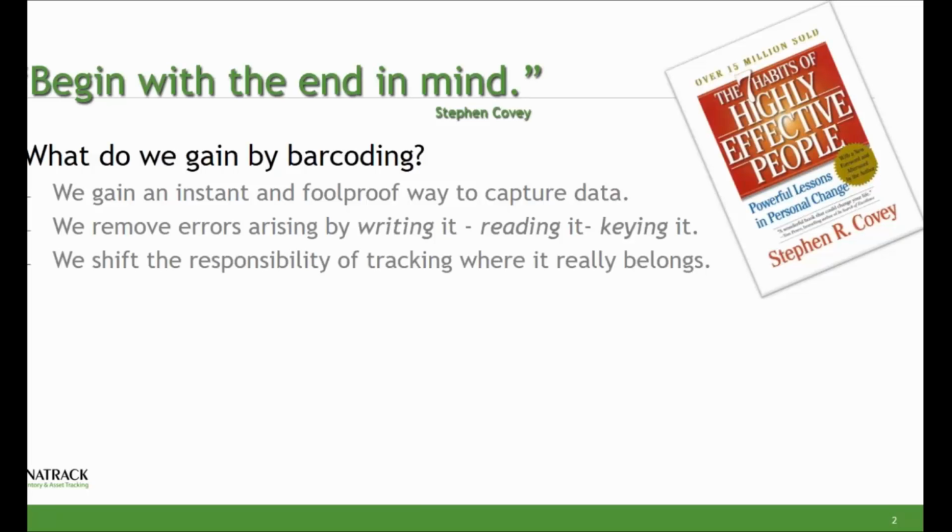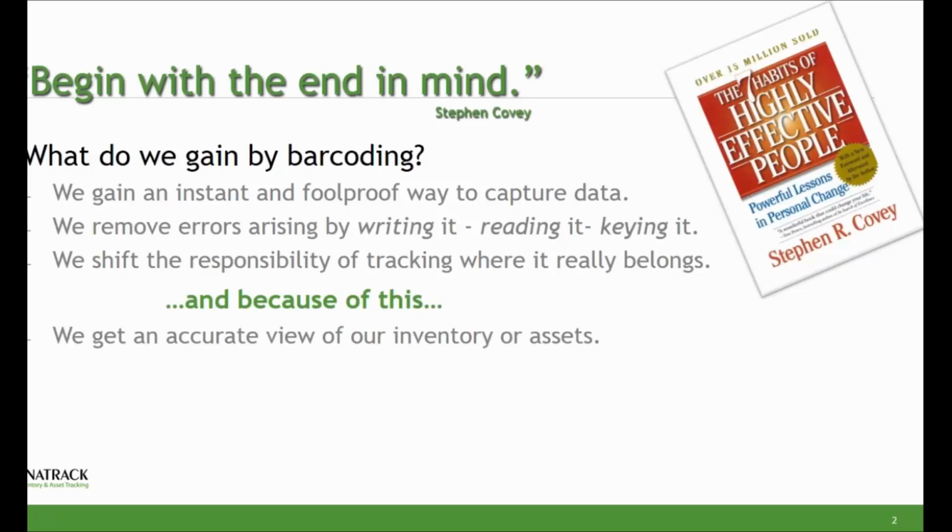And we also shift the responsibility of tracking that to where it really belongs, typically and hopefully to the person that's either standing over a piece of inventory or that's in front of a specific asset for which we want to gain better control. Because of this, we get an accurate view of our inventory or assets that is up to date, has the correct items, the correct quantities, and the correct locations on it.